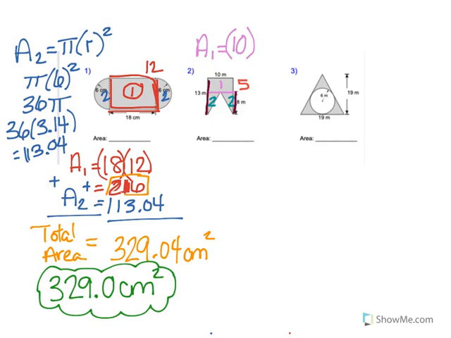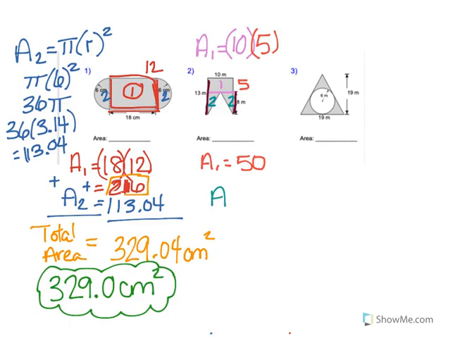So if I take 10 times 5, I'm going to find that the area of the first figure in here is going to be 50 square meters. And then I'm going to find the area of these two triangles. Now, the triangles have the same dimension, so if I find the area of one of them, I'll just add it again because I know that they're going to be the same.